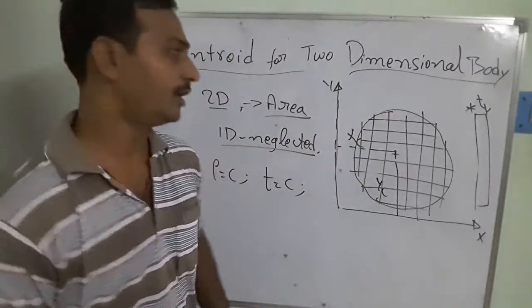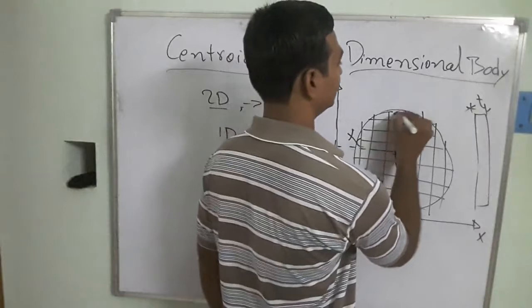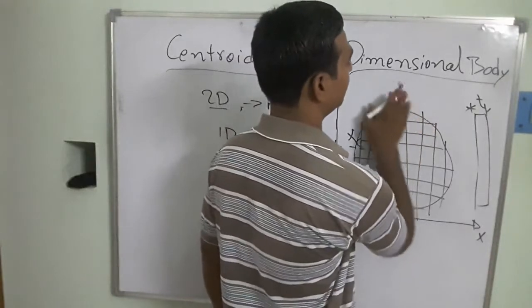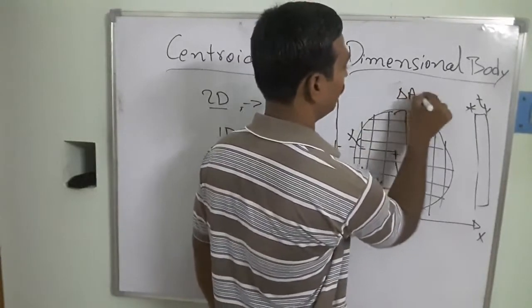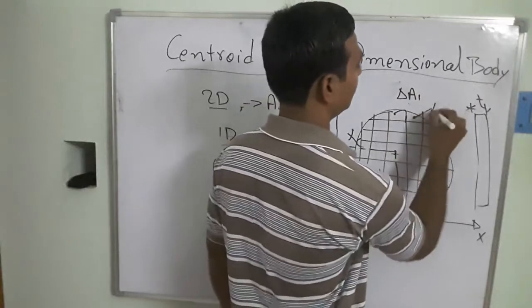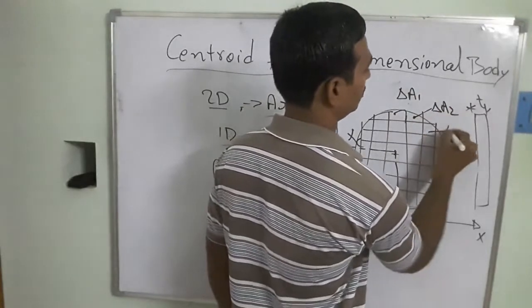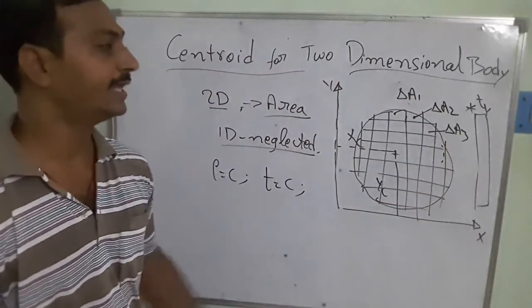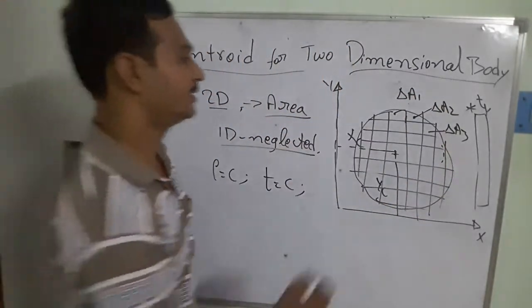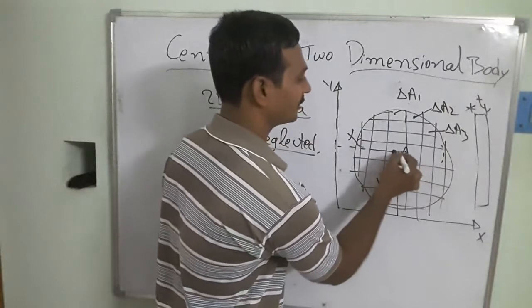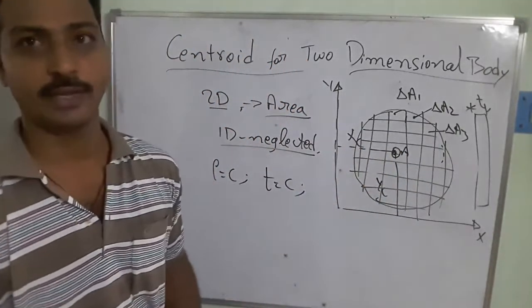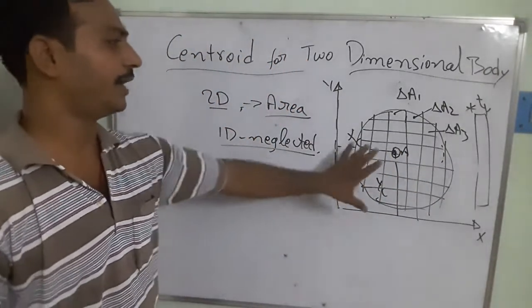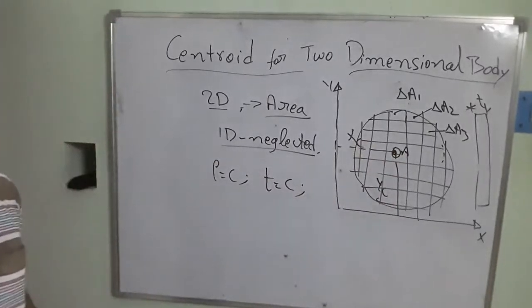This part I call del A1, this is del A2, del A3, like that; you can take any number of areas. The total area is assumed to be concentrated at a point. Now you should find out the centroid for this.